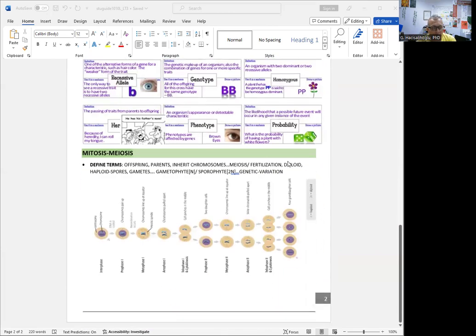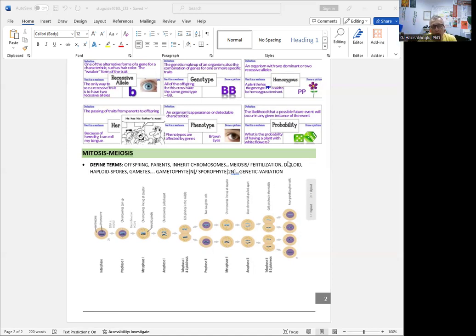Meiosis and mitosis are part of the whole cell cycle system. Make sure you know the 10 steps of meiosis. You made a concept map of it a few weeks ago, so look at your concept map. The cycle goes interphase, then prophase 1, metaphase 1, anaphase 1, telophase 1, and cytokinesis, and then prophase 2, metaphase 2, anaphase 2, telophase 2, and cytokinesis.